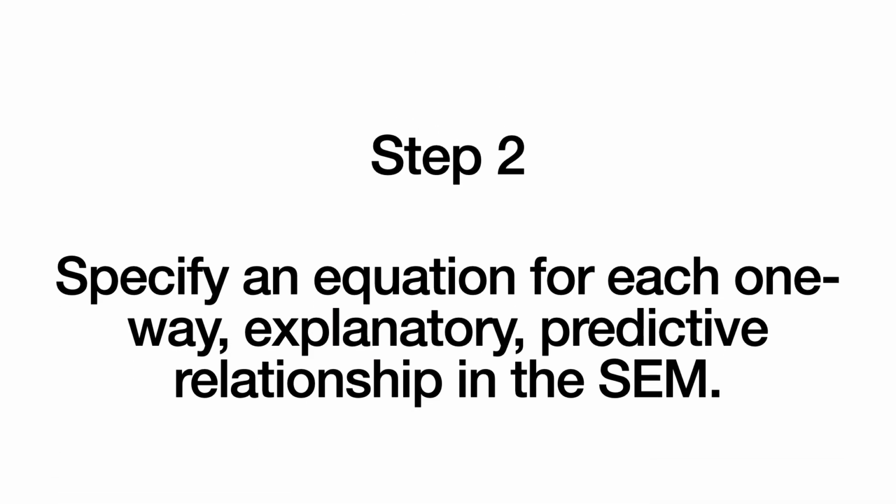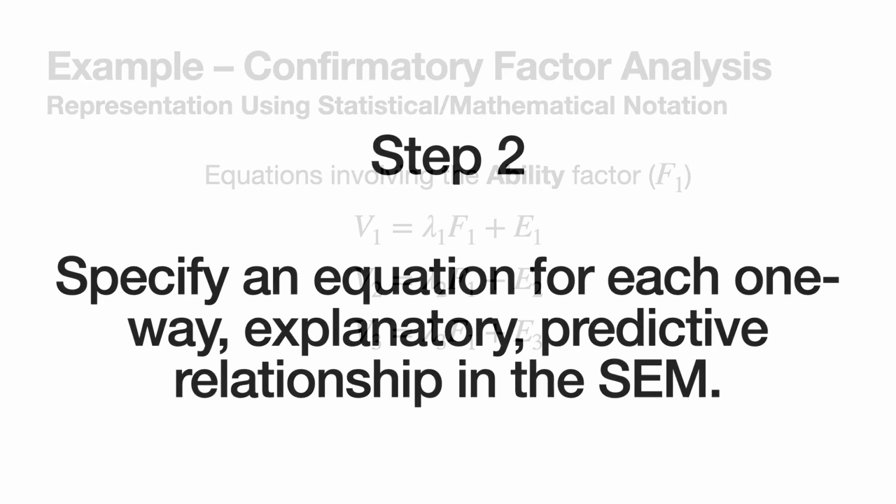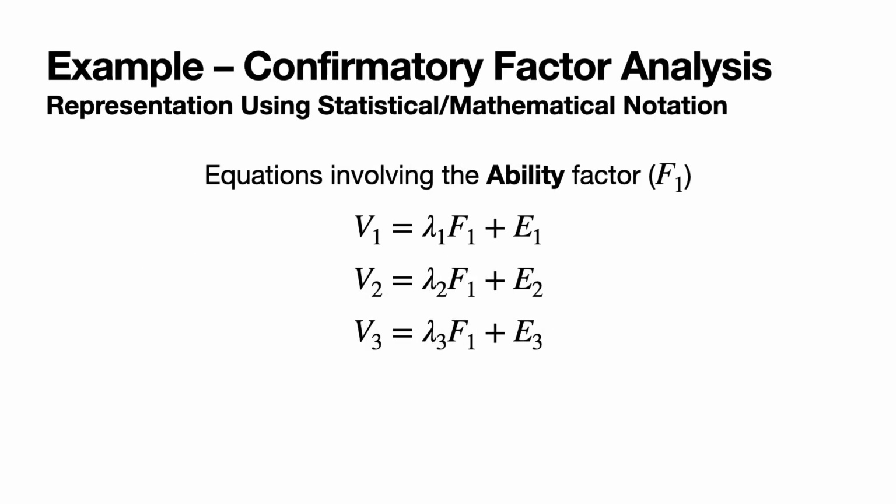Next, let's look at step 2, specifying an equation for each one-way, explanatory, predictive relationship in the SEM. The equations involving the ability factor F1 are as follows. V1, which is the general ability score, is equal to lambda 1 times F1 plus its own error term, E1.